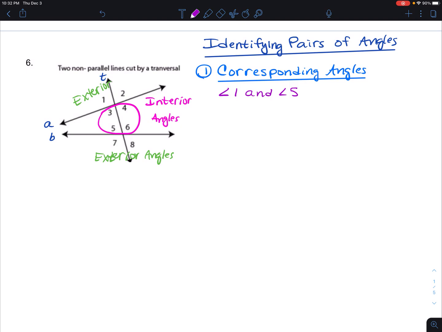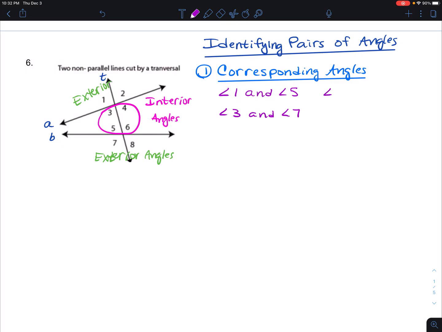Okay, what about the ones below those? So we have angle 3 and angle 7, and they happen to be sitting in the same position of lines A and B on the same side of the transversal. So we also can look on the right-hand side of the transversal.